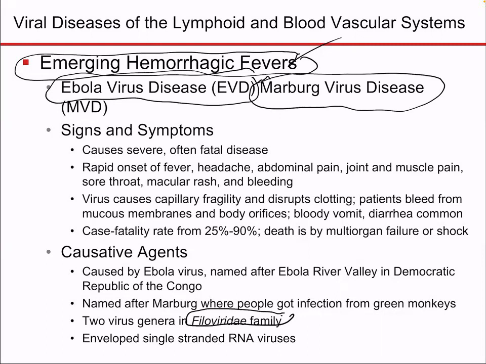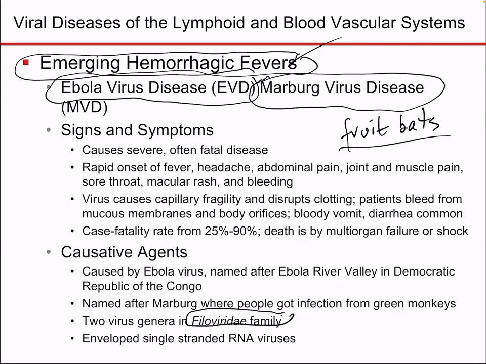In terms of the reservoir for this virus, it has been proposed that fruit bats could be the main reservoir. Those animals may transmit the virus to humans, and humans are what we consider a terminal host.